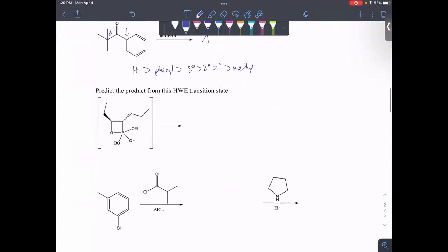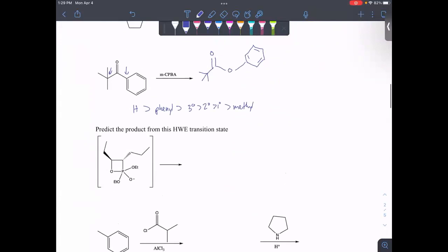Oh, and this is called Baeyer-Villiger oxidation. I don't know if that's important, but yeah.